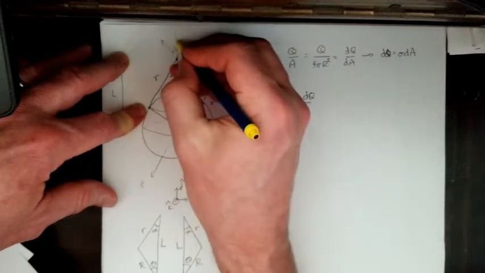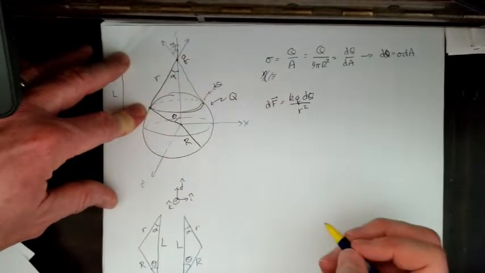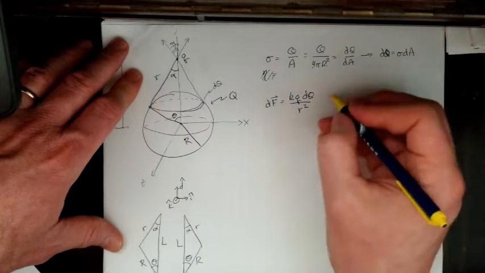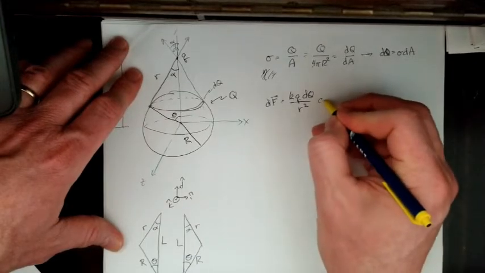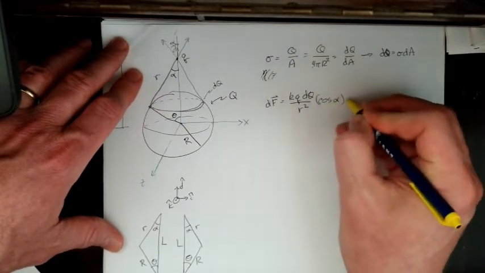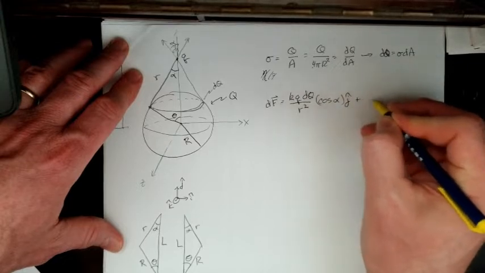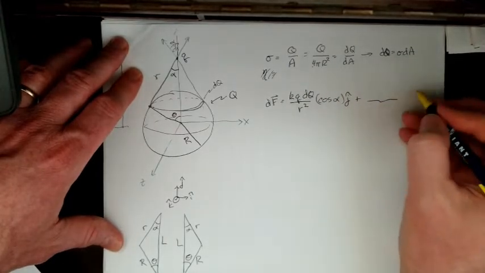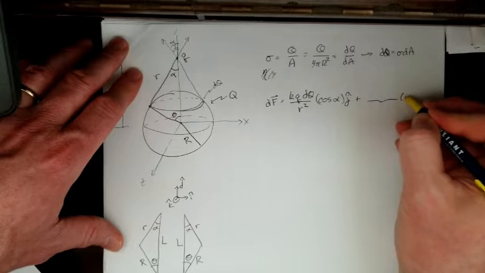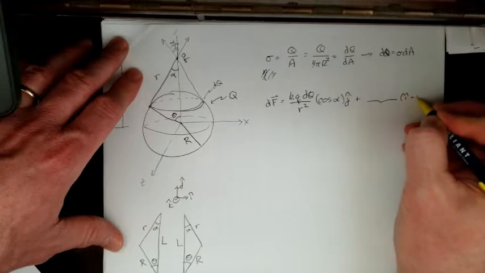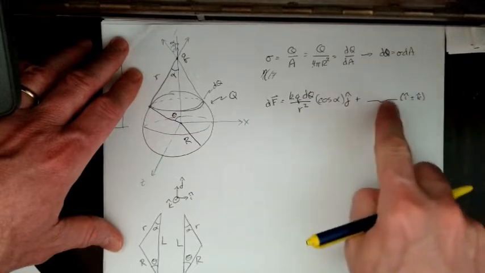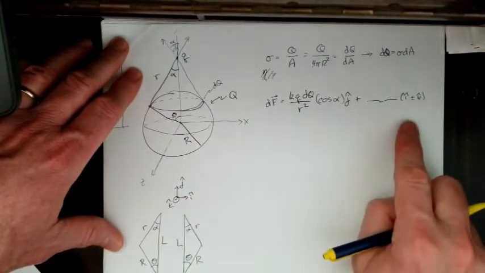This is alpha. In other words, this angle right here is alpha. And so times the cosine of alpha in the j direction, plus something in the i hat plus or minus k hat direction. These are the components right here that will cancel out in the end.